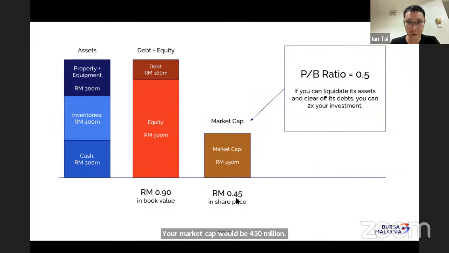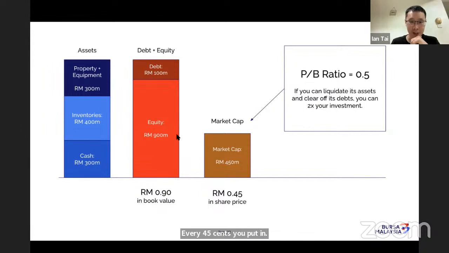Now, if you calculate the PB ratio, where you take the price, which is 45 cents, divide by 90 cents, you get a PB ratio of 0.5, which means you have the opportunity to buy the stock right now at 45 cents. And if the company chooses to liquidate tomorrow, you somehow may get a chance to get back 90 cents. Every 45 cents you put in, you might actually get 90 cents.